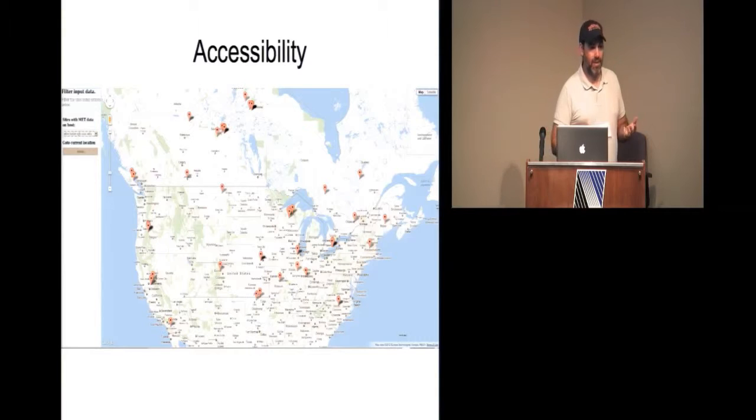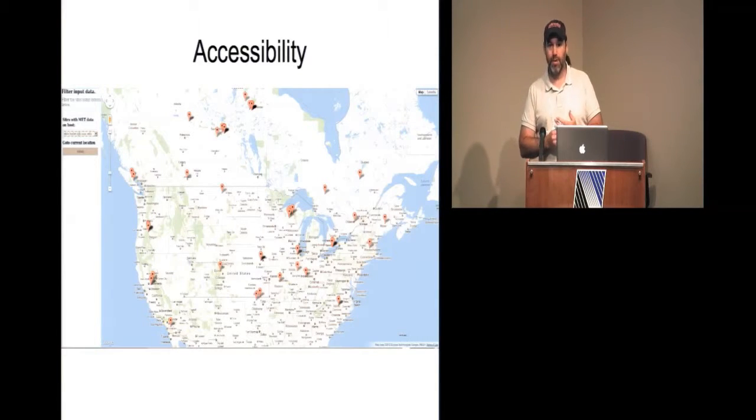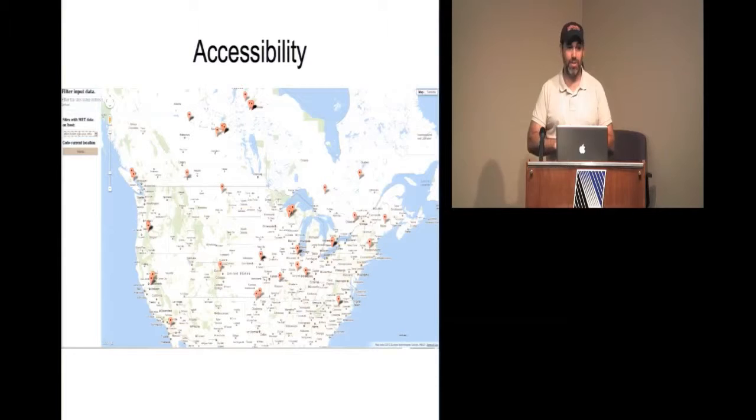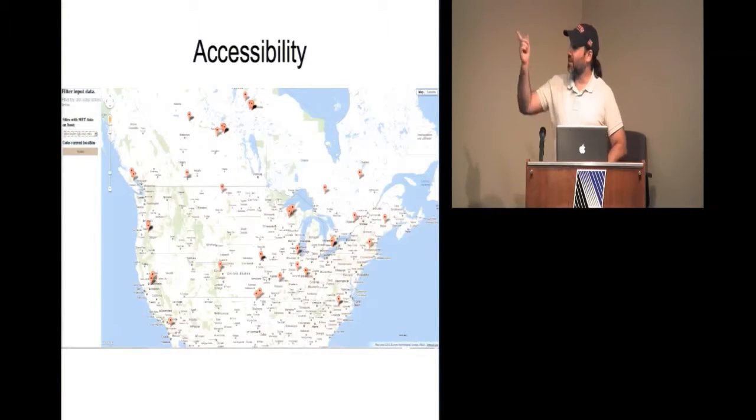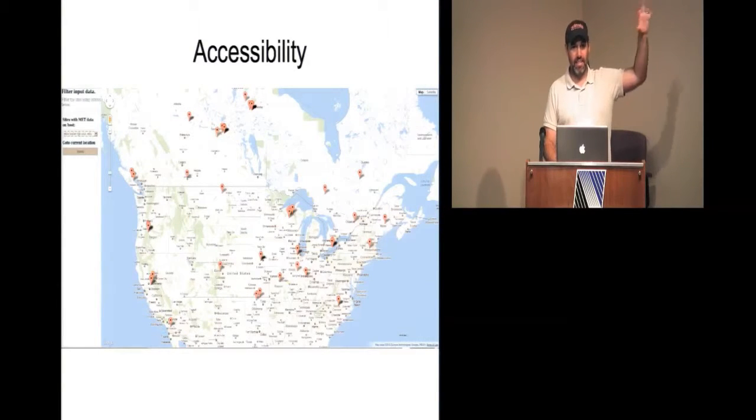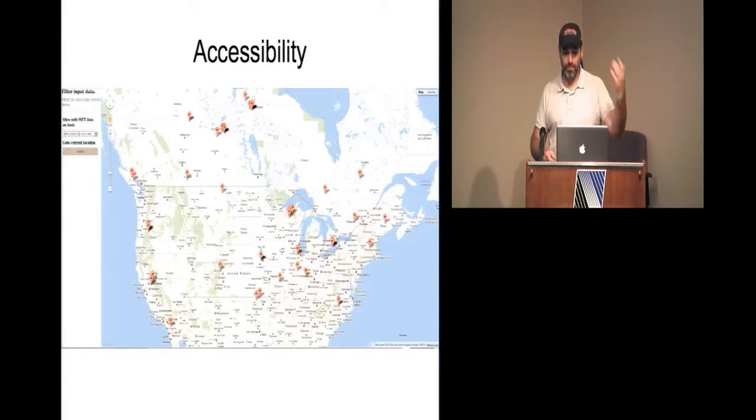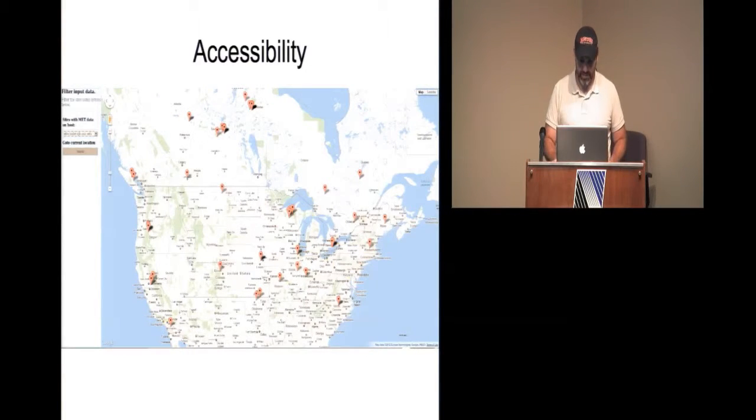Ultimately our goal is to make these modeling tools more accessible to the general community, so that running an ecosystem model is not a matter of going to a supercomputing center and learning how to bang away at the command prompt, as much as going onto a Google map and saying, I want to run my model right here, and then having the workflows handle getting the inputs you need off the web, doing all the conversions, extractions and processing that you need, and feeding those into the models in a very accessible way.